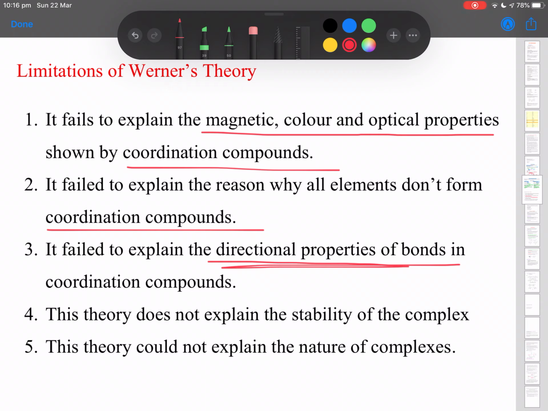And very important, his theory could not explain the stability of the complex, and he could not give any idea about the nature of the complexes.